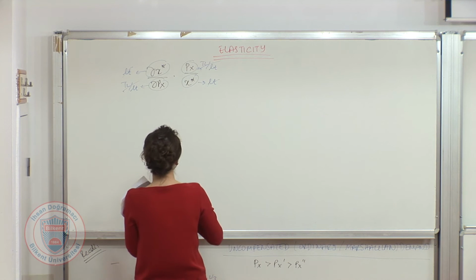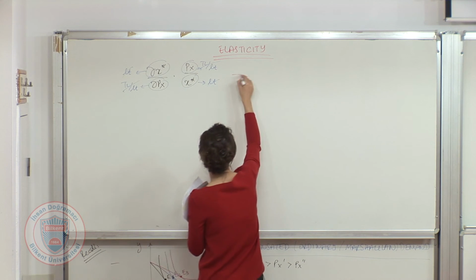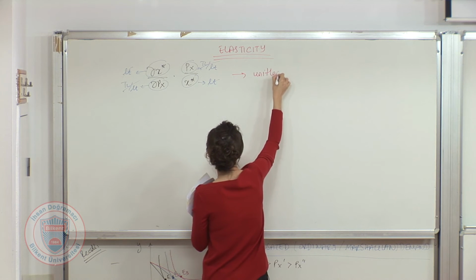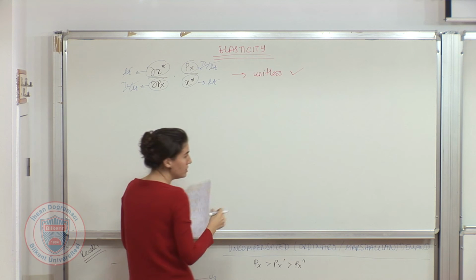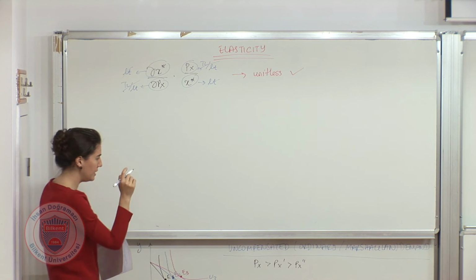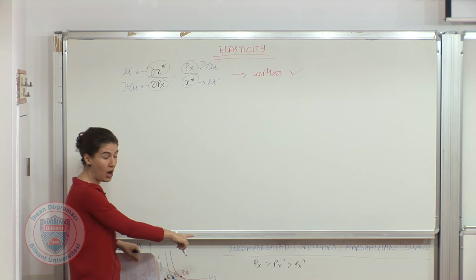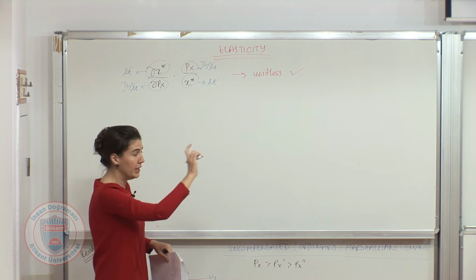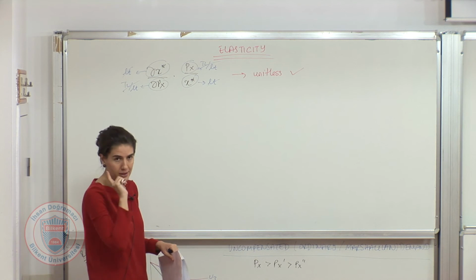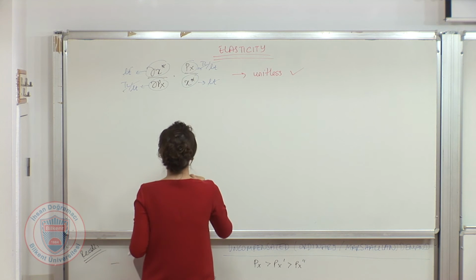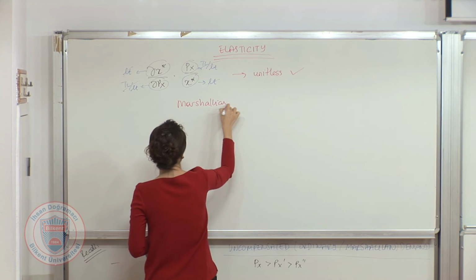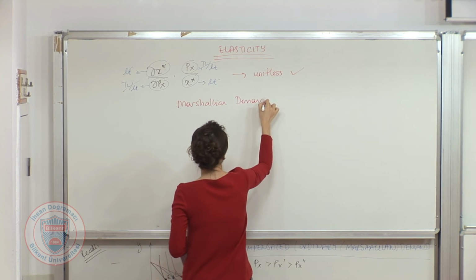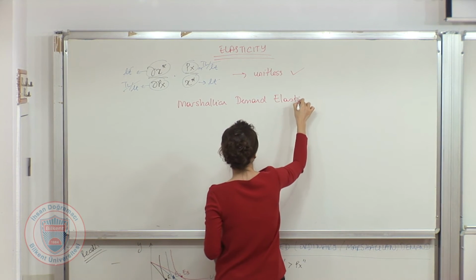You see that this percentage change is unitless, which is good. Now we're going to have two types of elasticities: elasticities for the uncompensated demand curve and elasticities for the compensated demand curve, okay? The first one is Marshallian demand elasticities.